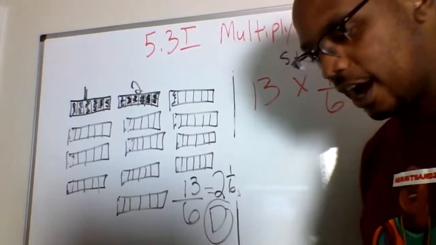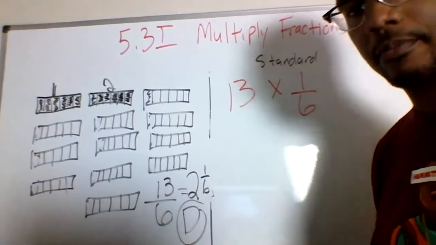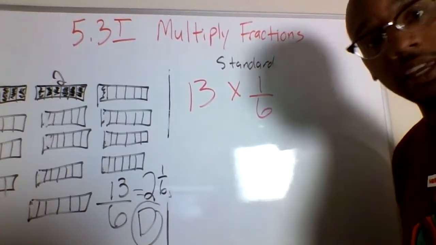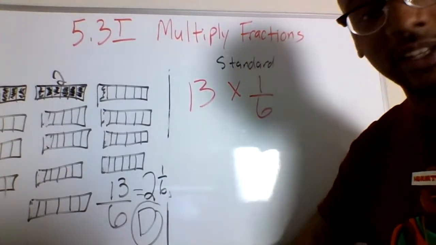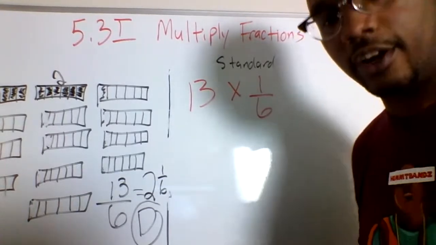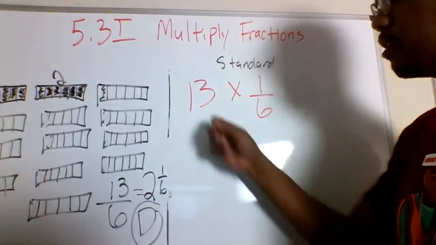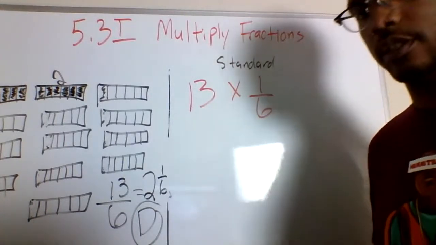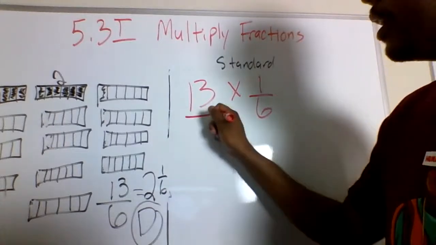All right? Now, in standard form, which I think is always easier, I think it's always easier to do standard, especially if you know me in my class. I tell you, I always do standard. It's easy. Standard form, I turn 13 into a fraction by just putting a 1 under it.